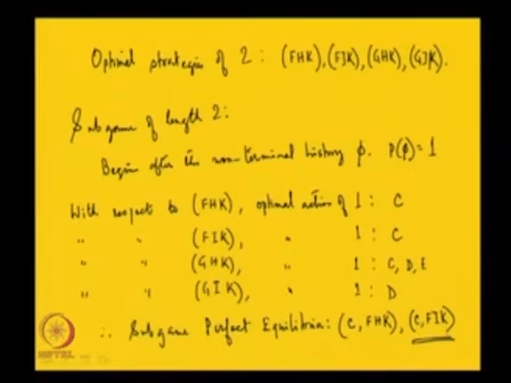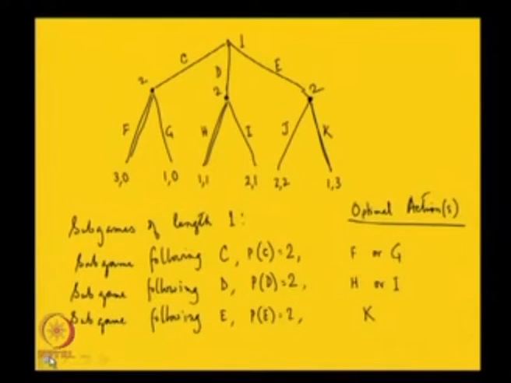This is C F I K. Let us look at the diagram. What this equilibrium is saying is the following: C F I K. Player 1 is saying that at the beginning of the game, when the history is empty, I am going to take this action C. And player 2 is giving us the following strategy.